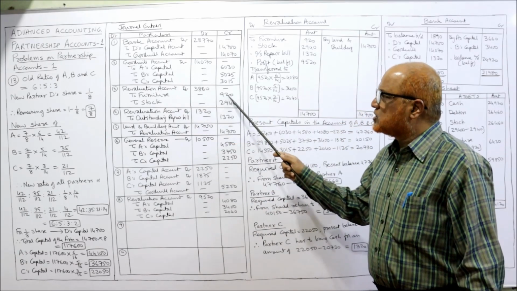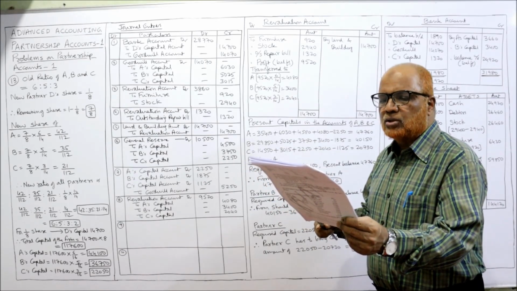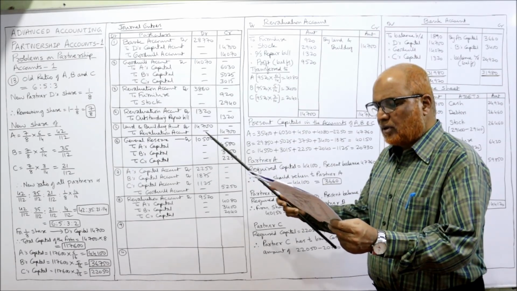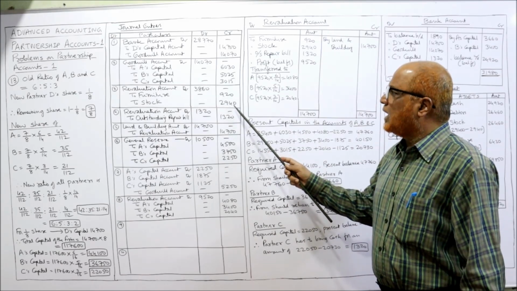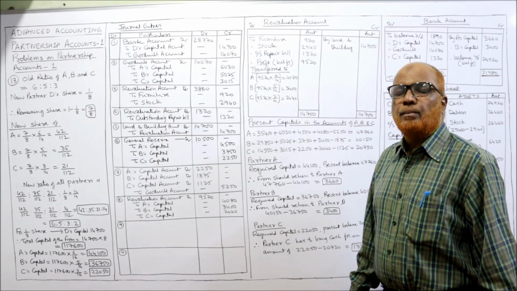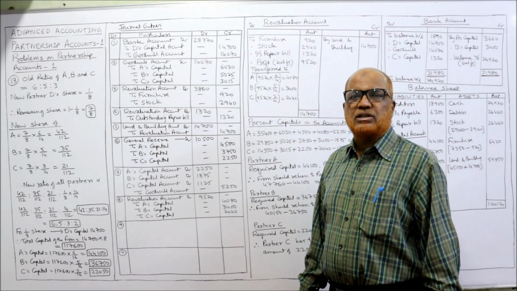So furniture account is depreciated by 920. And stock is depreciated by 10%, so 2,940. So it comes to 3,860. Being the value of furniture and stock depreciated.